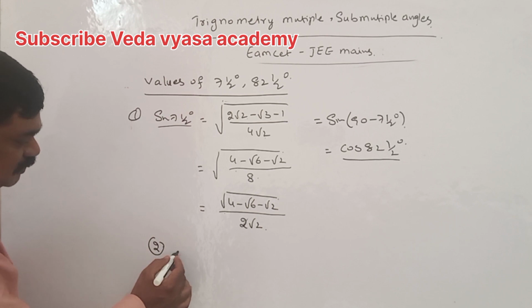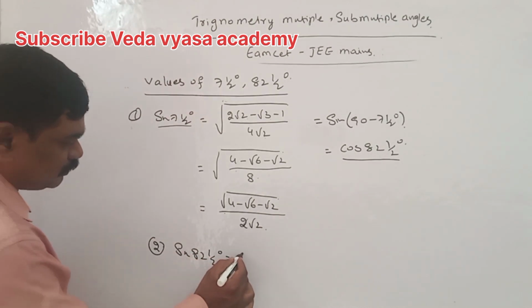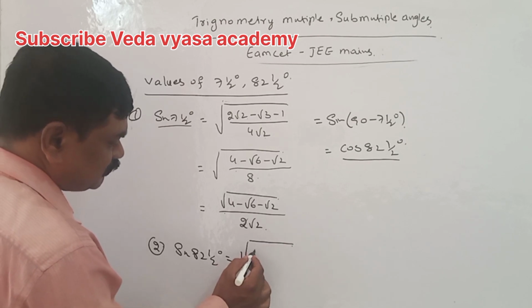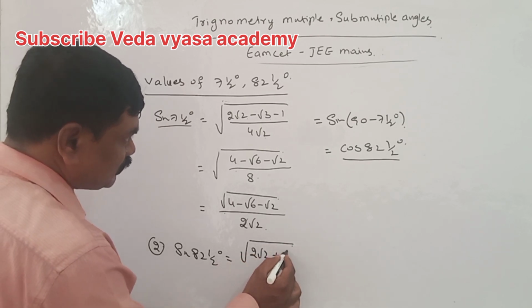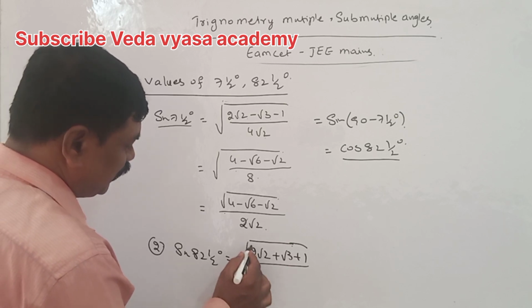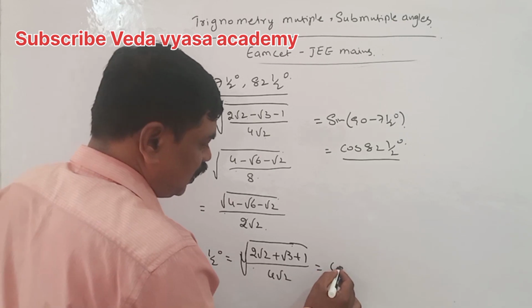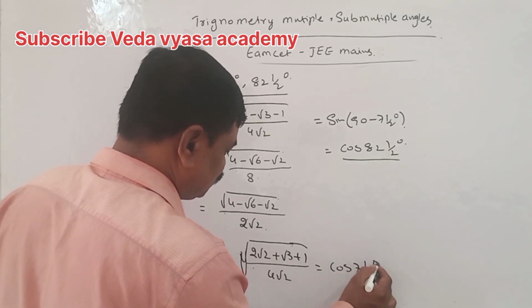Next, sin 82.5 degrees is equal to root over 2 root 2 plus root 3 plus 1 by 4 root 2, which is equal to cos 7.5 degrees value.